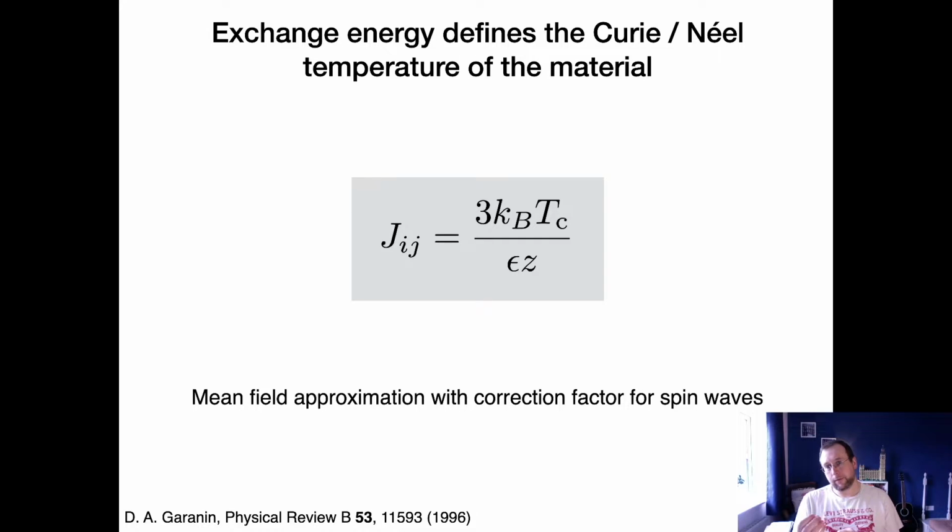But this gives you a very simple way to define the exchange constant from a macroscopic parameter that you have relatively straightforward access to. Of course, if you have access to ab initio methods, then you can also use those to calculate, for example, range-dependent exchange constants and give a much better approximation to how those vary as a function of interatomic distance, for example.